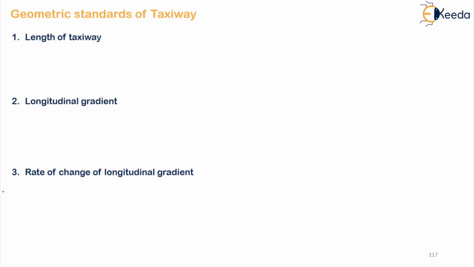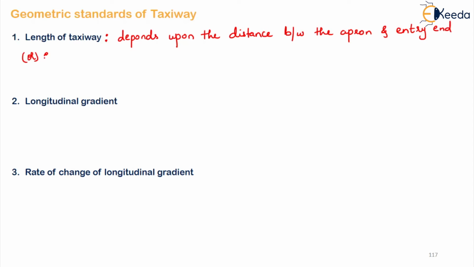Coming to the length of the taxiway, it depends upon the distance between the apron and the entry end, or the exit end of the runway. How much distance is there between your apron and the entry and the exit end? Based on this, your length of the taxiway will be limited.